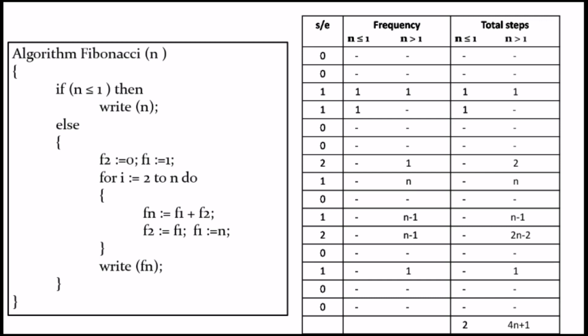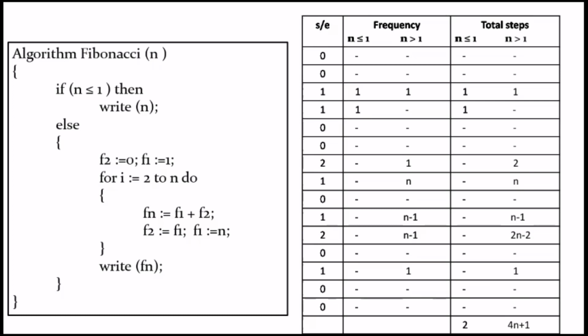Next is f2 equal to f1, and there is another statement, f1 equal to fn. So there are two statements and it will be executed n minus 1 times. So by multiplying, it will be 2n minus 2. And the last step, that is write fn, will be executed one time. So 1 into 1 will be 1. Now we will add all these steps. So 1 plus 2 plus n plus n minus 1 plus 2n minus 2 plus 1.